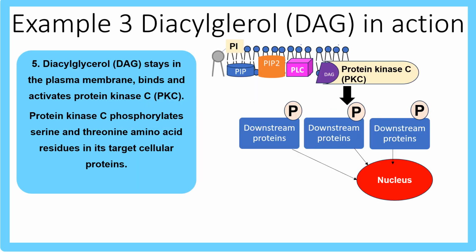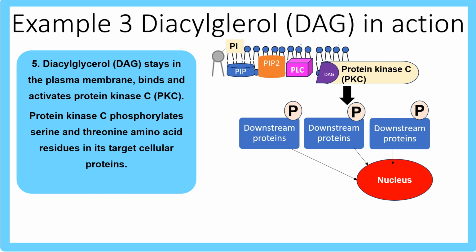Because the DAG stays in the plasma membrane, it doesn't move anywhere. And what it does, it binds and activates an enzyme called protein kinase C. So it's still a protein kinase, but it's another subtype called protein kinase C. Now, protein kinase C phosphorylates cellular proteins.